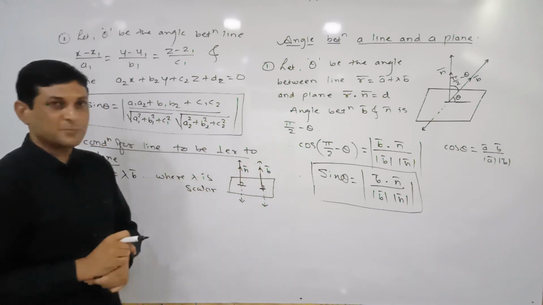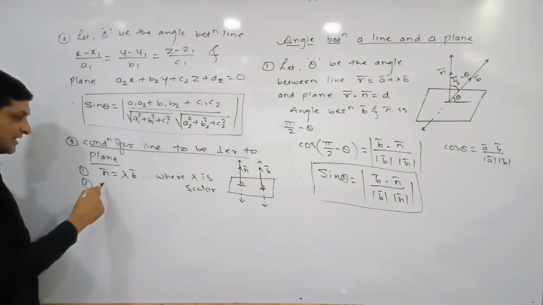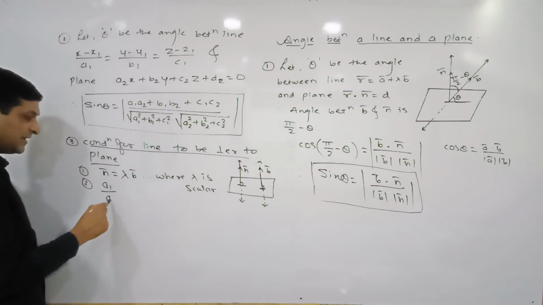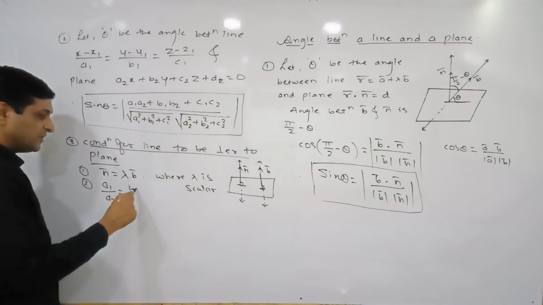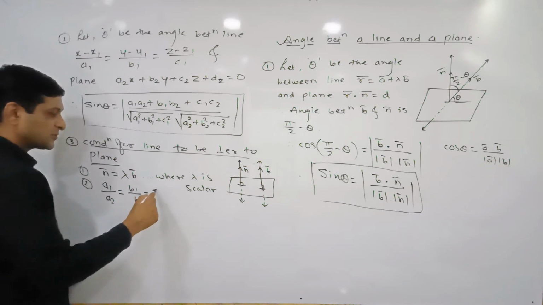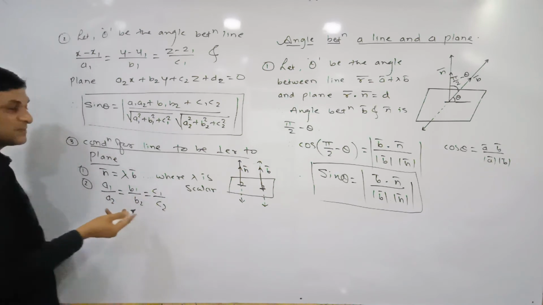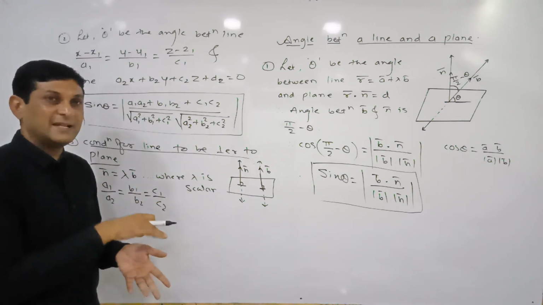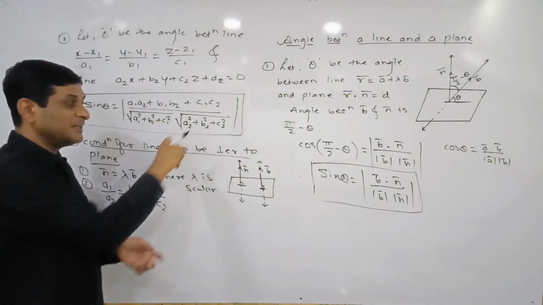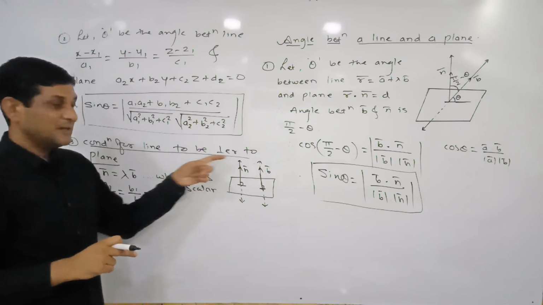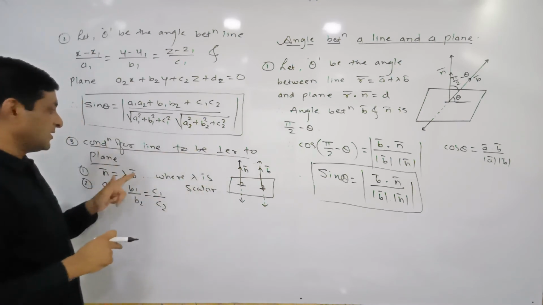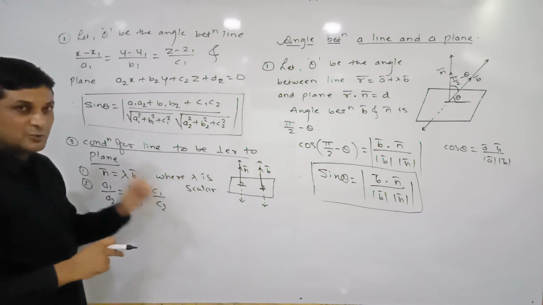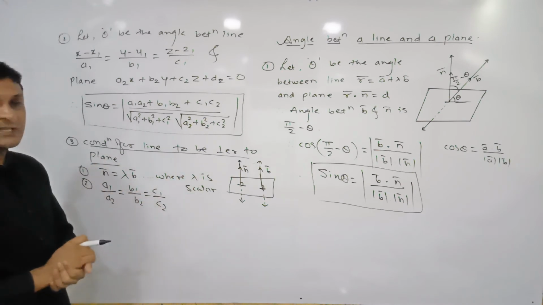And if two lines are parallel, their direction ratios satisfy which condition? A1/A2 equals B1/B2 equals what? C1/C2. Means the conditions applicable for parallel lines are applicable in the case of a perpendicular line to a plane. If a line is perpendicular to the plane, it is parallel to the normal, and that's why these conditions are satisfied.